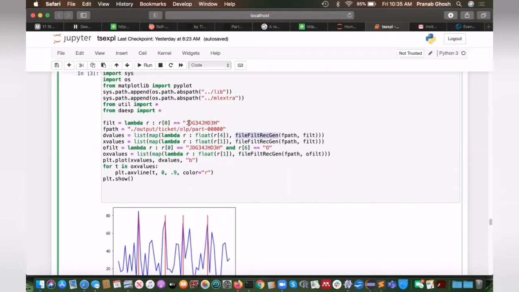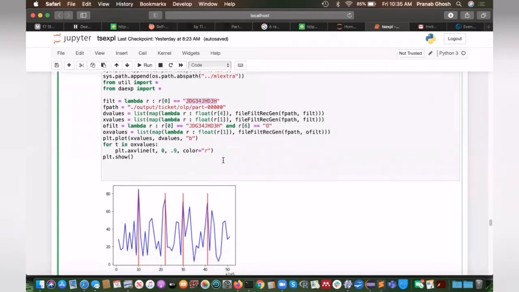It's going to filter out only the rows where the first column is equal to this, which is one of the service centers. And I'm getting the X values the same way, extracting the first column. The data happens to be the fifth column, and the time happens to be the second column.